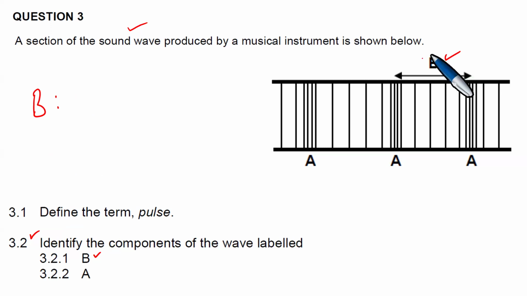So B is called the wavelength. Right, so you remember what wavelength is, because you are moving from a region of uniform spacing to a region of uniform spacing.